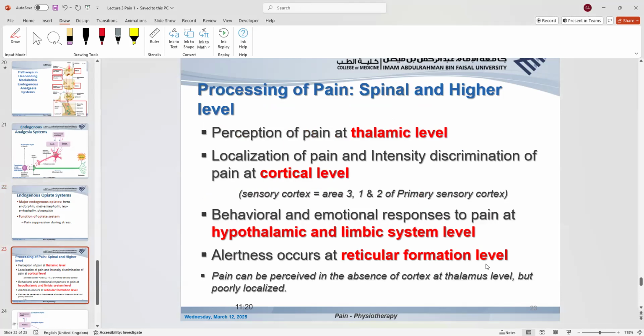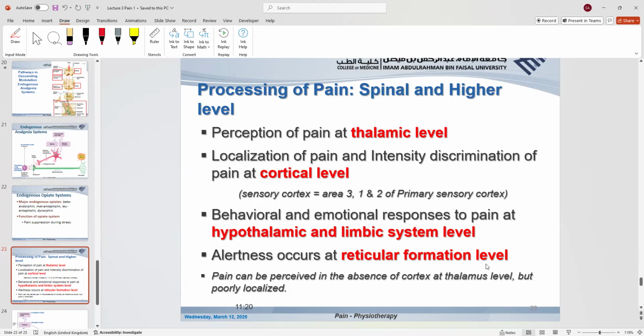Now, what happens further up? Spinal and higher level processing of the pain. What has been experimentally seen is that a person can perceive pain at thalamic level, but this perception is not accurate.